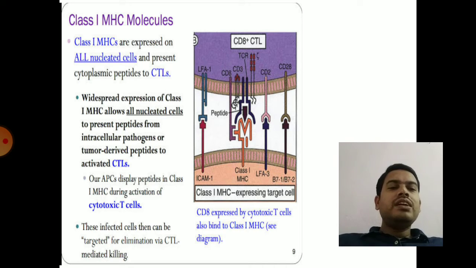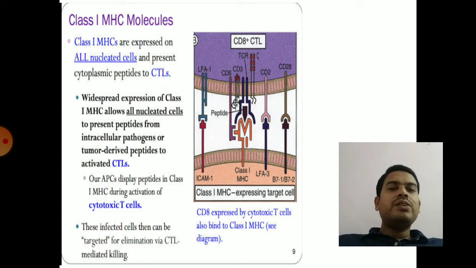So whenever there is a foreign particle that entered into the body, it is processed by the cells which contain MHC class 1 molecule, and it is presented to CD8 receptor of T cells, which are called as cytotoxic T cells. Once this antigen is presented, then the T cytotoxic cells get activated.